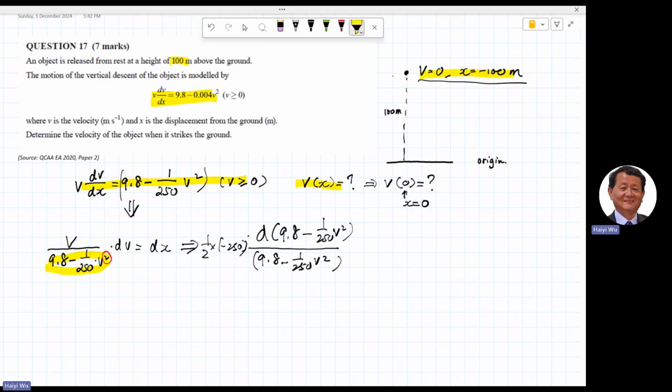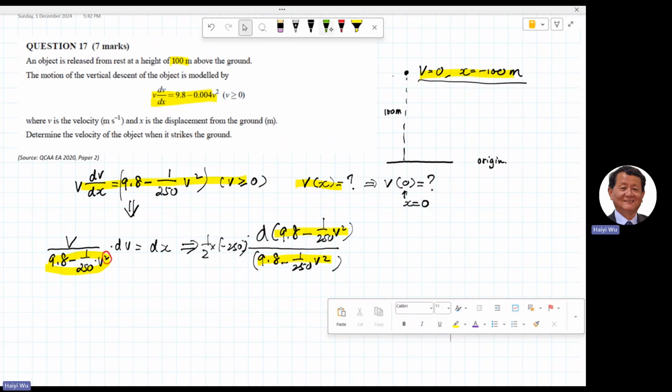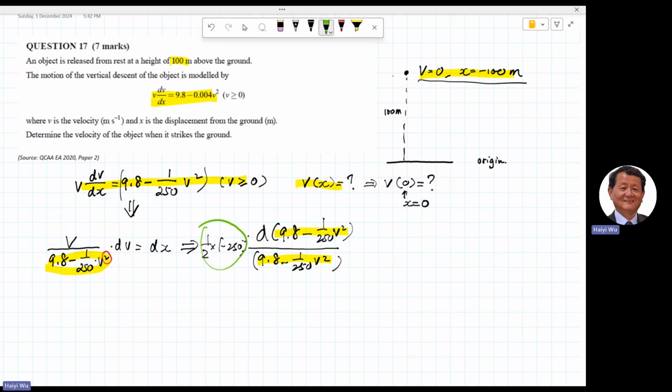Now, can you see these two are exactly the same? Because I did a coefficient, that's why we put it on the left-hand side, but on the right-hand side I'll just copy dx.